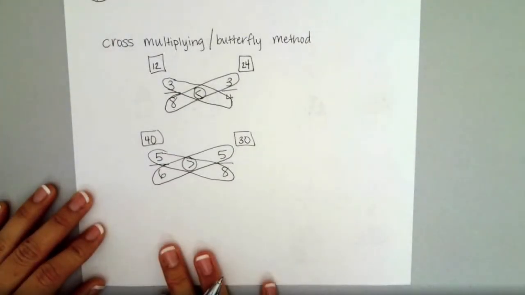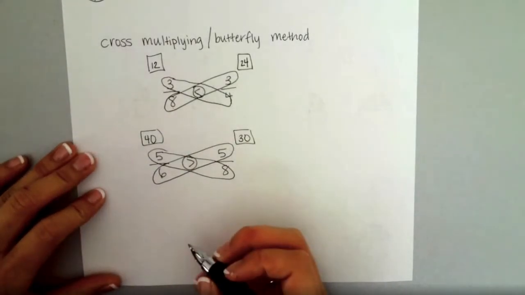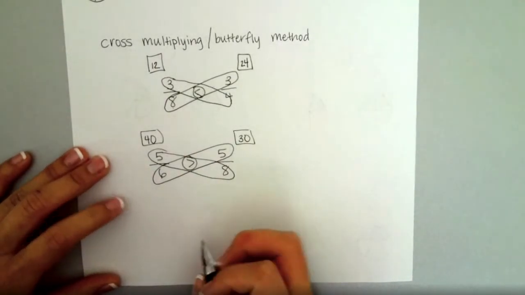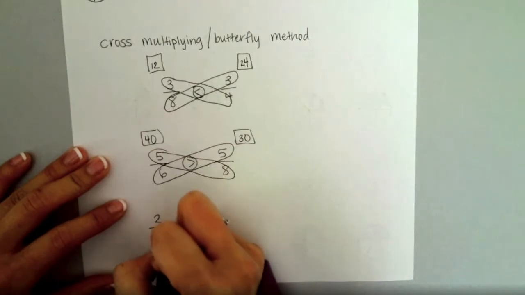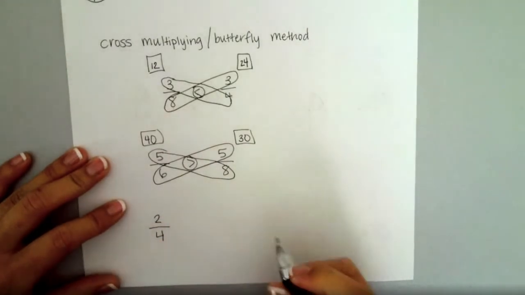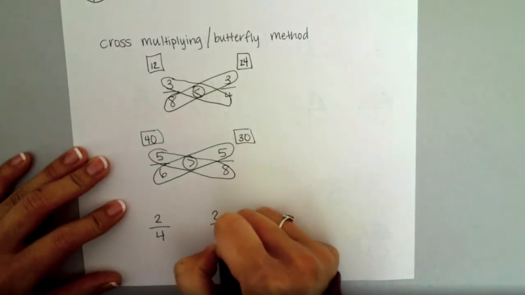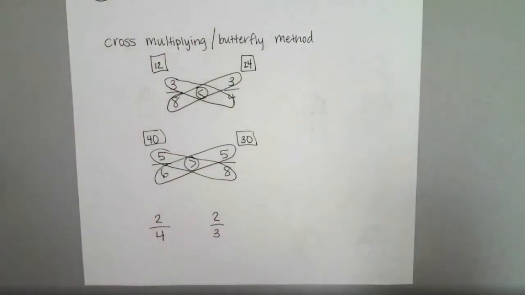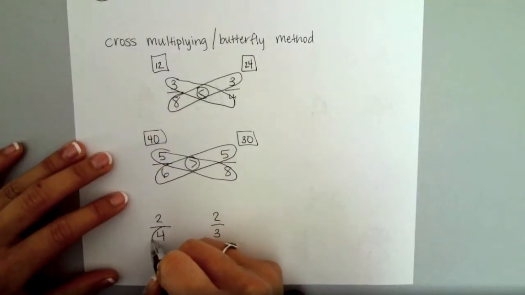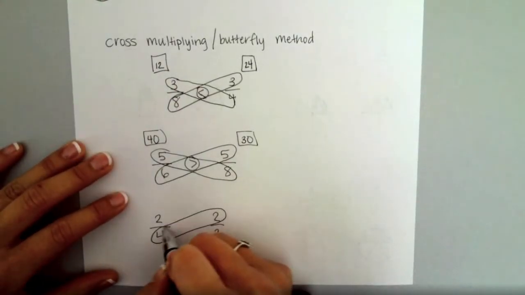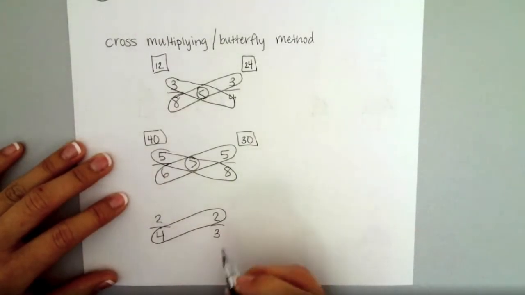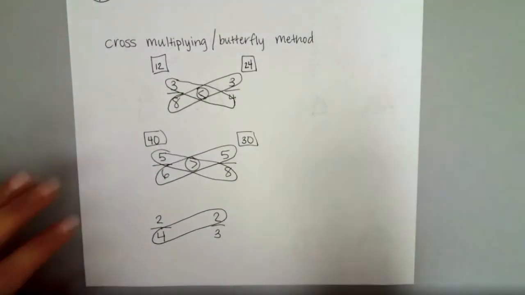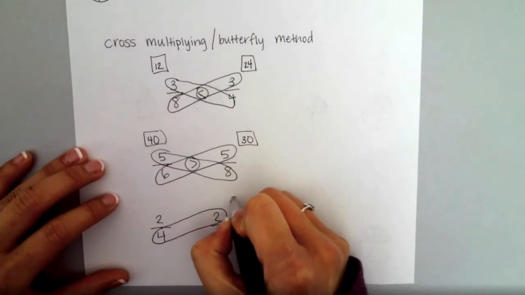All right, I'm going to put another one down here. Let's say we have the fraction 2/4, and we have the fraction 2/3. Okay? Again, we're going to do this cross-multiply butterfly method. So I'm going to take 4 times 2, which gives me what? It gives me 8. Okay?